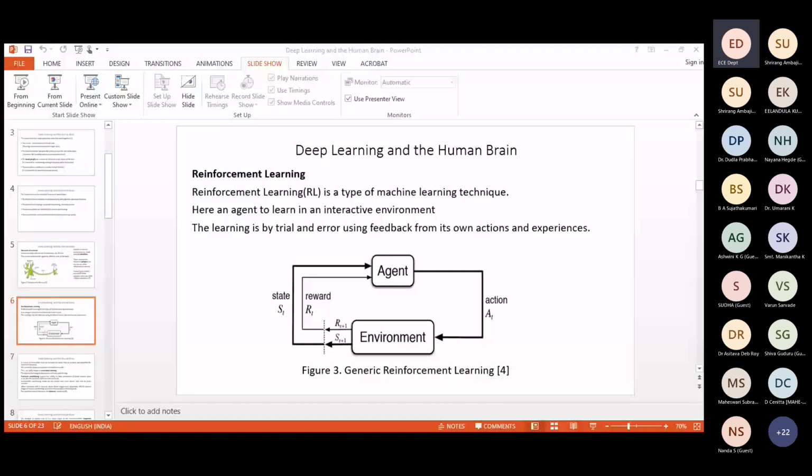Anybody can answer. What is meant by a deep learning neural network? Anybody wants to answer?